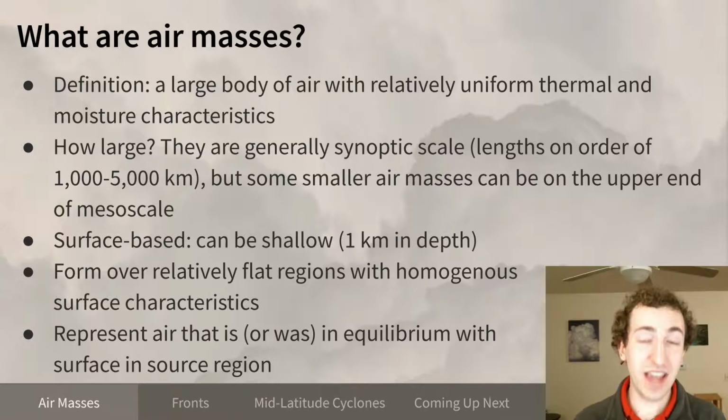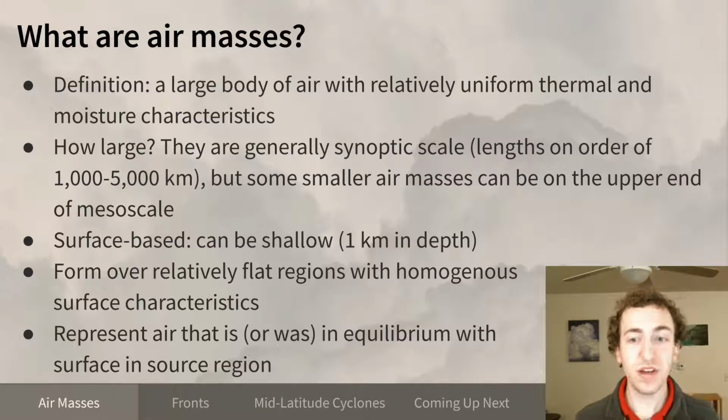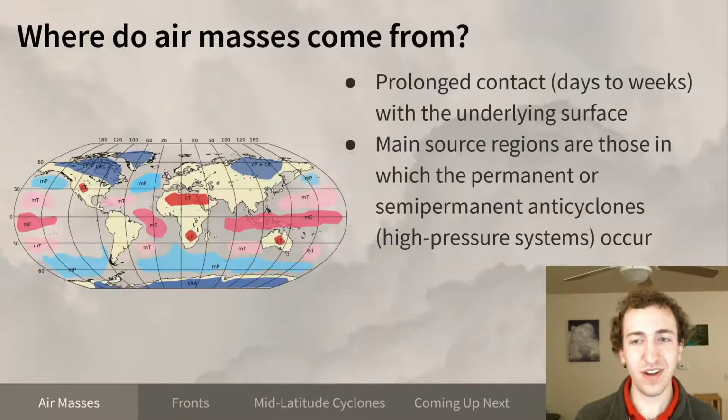The air will reach equilibrium with the surface in that source region. That's what makes up an air mass, because it's uniform and it reaches a stable equilibrium of its characteristics. And I say that if it's still where its source region is or was. These move around, and that becomes important later on.